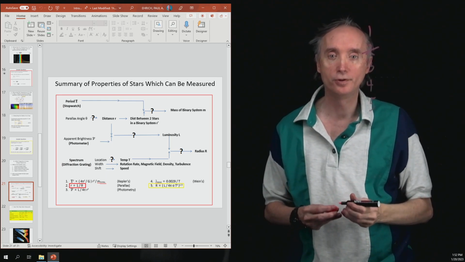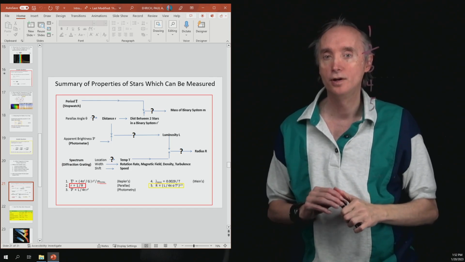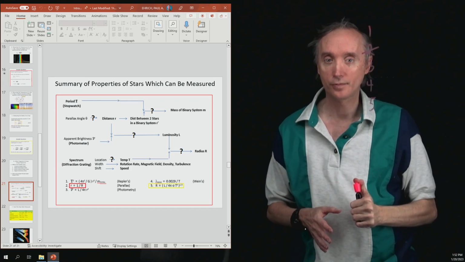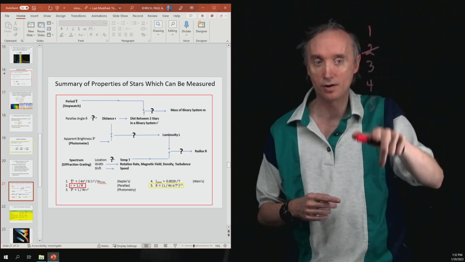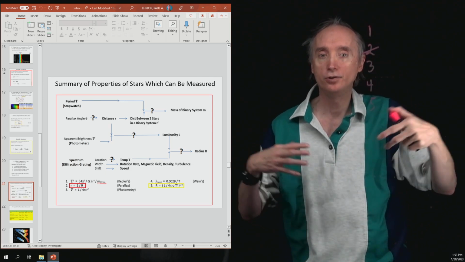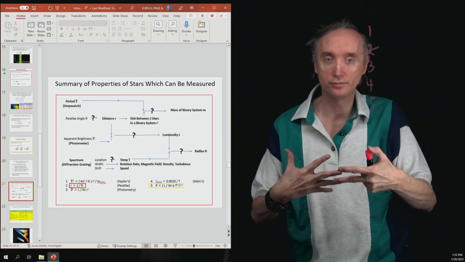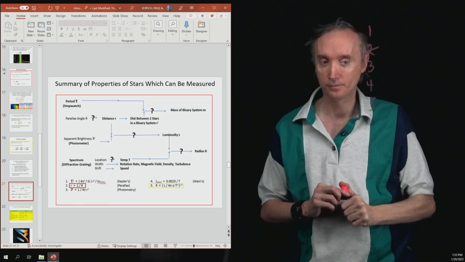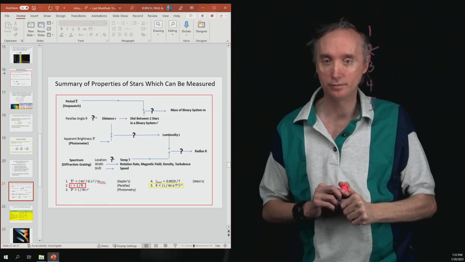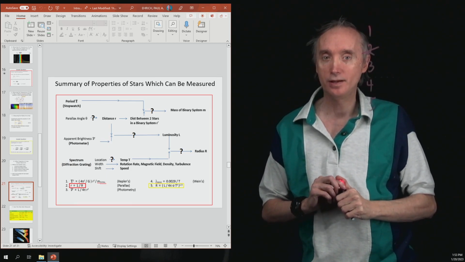All right, now let's go a little bit further. If we know the period and if we know the distance to the star, how could we combine that information in order to figure out the mass of the star? Which equation would that be? That's going to be Kepler's.